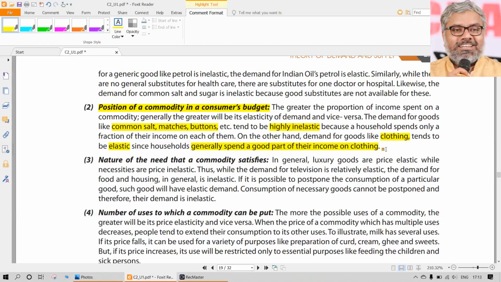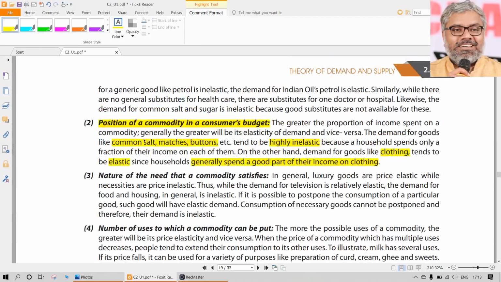Whereas the position of buying salt in a consumer's budget is very low. So where the position of a commodity in the consumer's budget is low, then elasticity also will be low. Where the position of a commodity in a consumer's budget is high, then elasticity also will be high. That's what happens. Simple. So that also is a second factor we can understand.